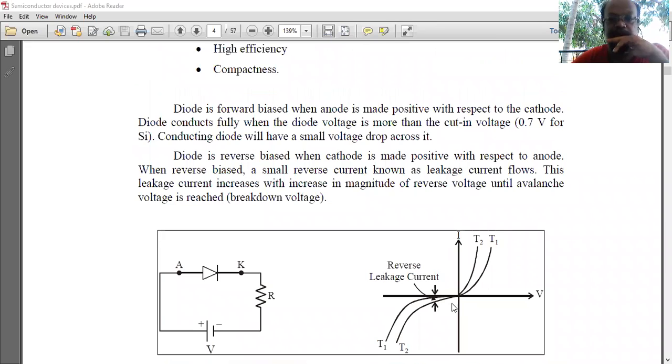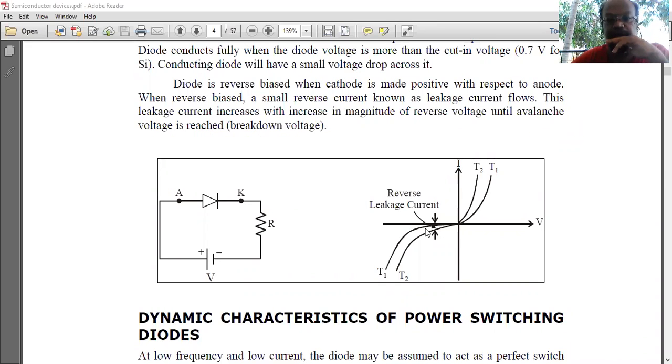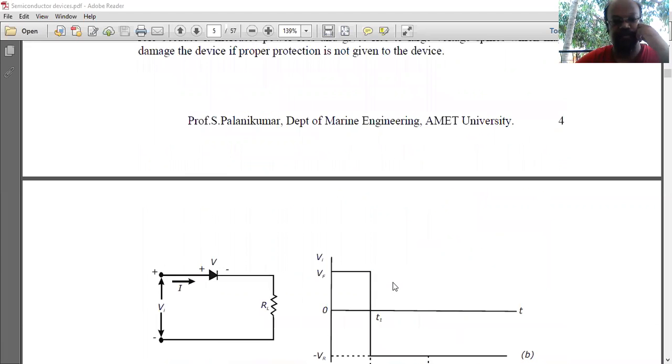In reverse bias also it will conduct a little, but after a certain voltage it is able to block the conduction. But in the forward bias, based on a particular current, it is capable of immediately conducting. So these characteristics you have to draw.